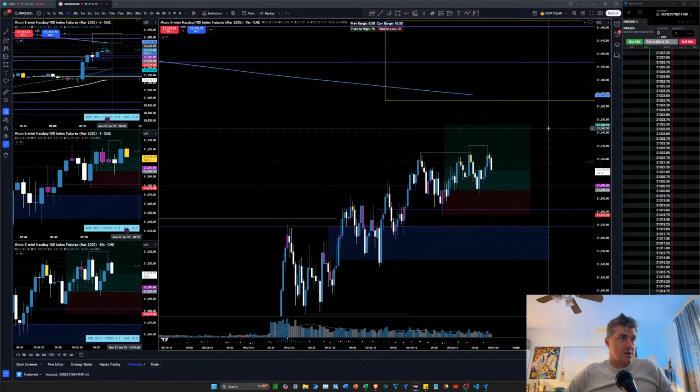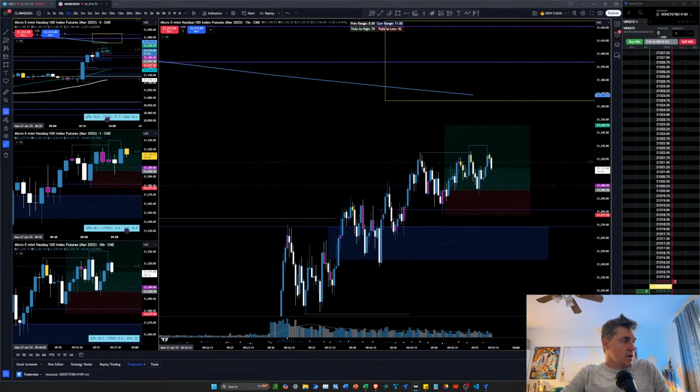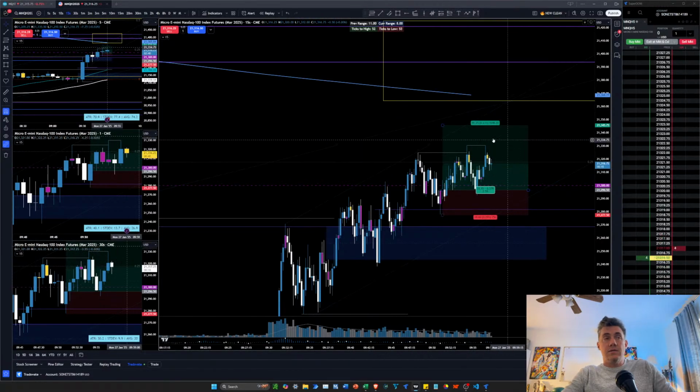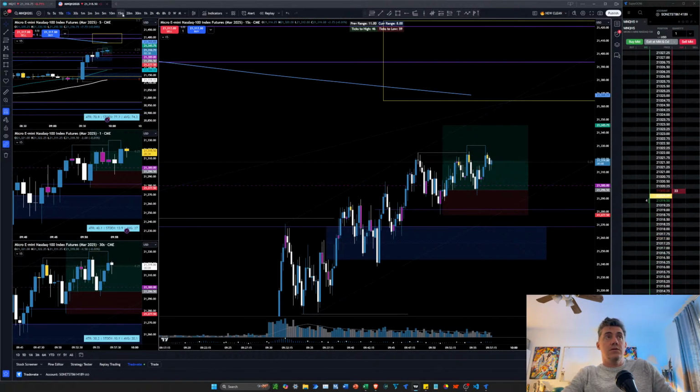No ginormous overnight range Monday. Other than this descending 200 period moving average right here, there's not a whole lot to use on this chart for me personally.